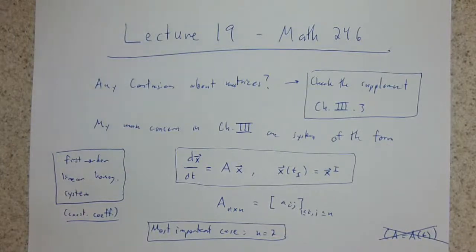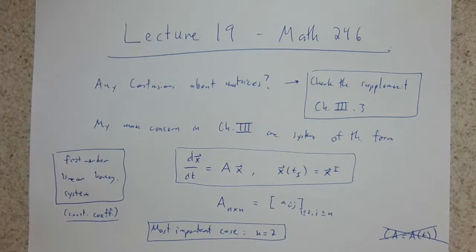A lot of what we did in chapter 2 works no matter the order of the differential equation, but we did it for order 2 because it made our life a lot easier. That's the idea here.